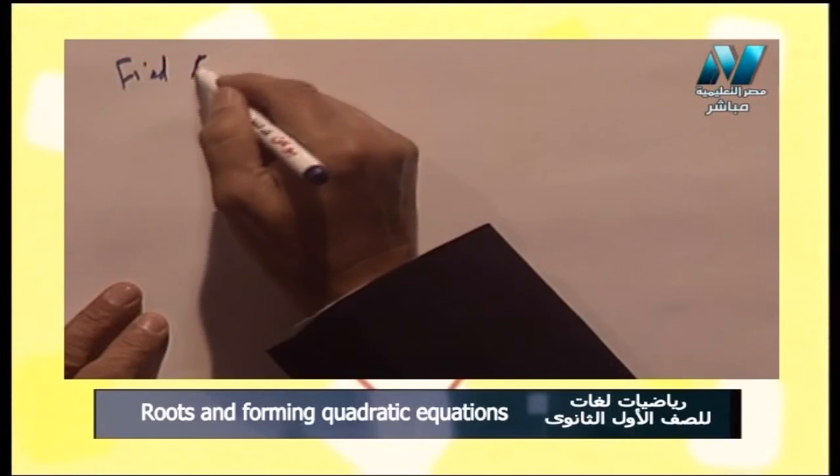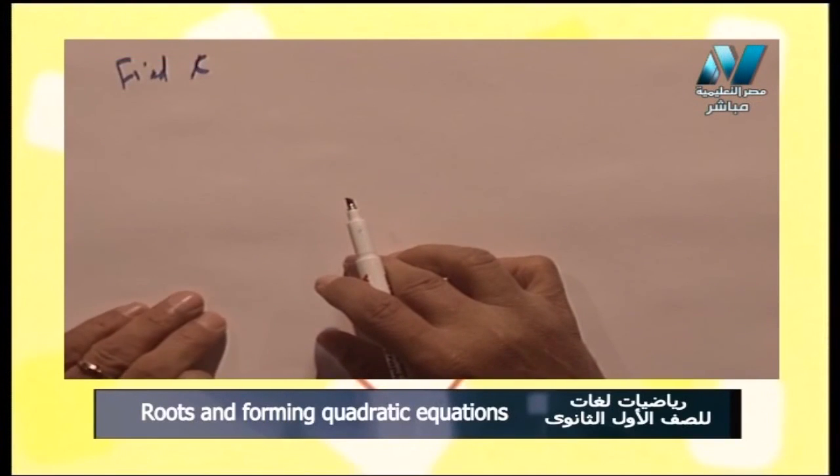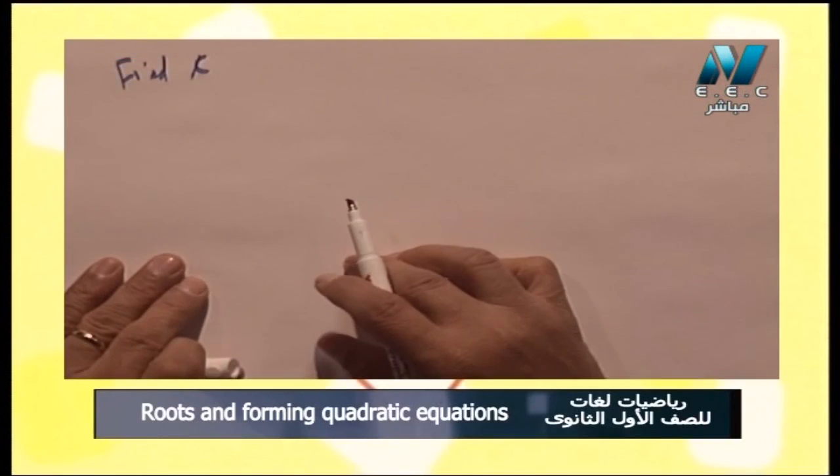Let's move to another question, my dear students. We have a question which is find k. Find k if one of the two roots is the additive inverse of the other.